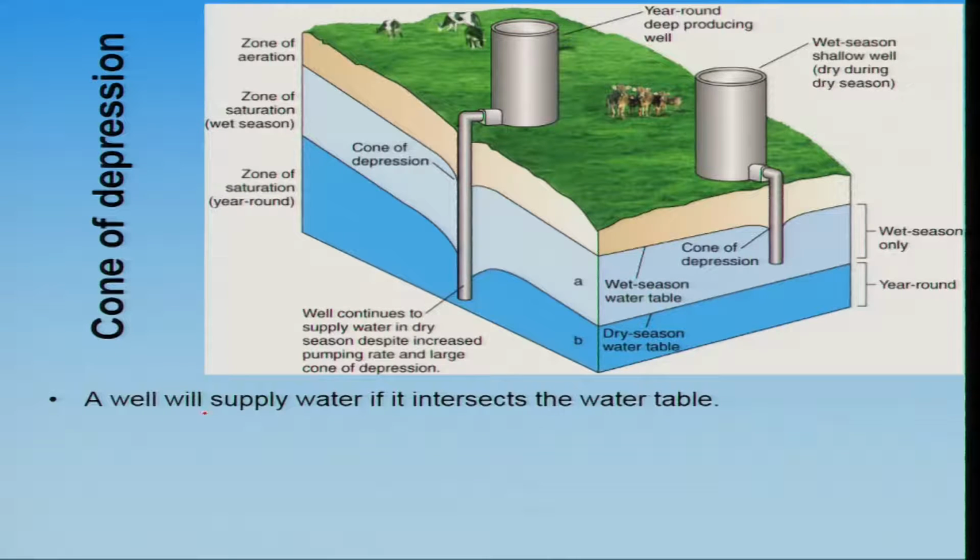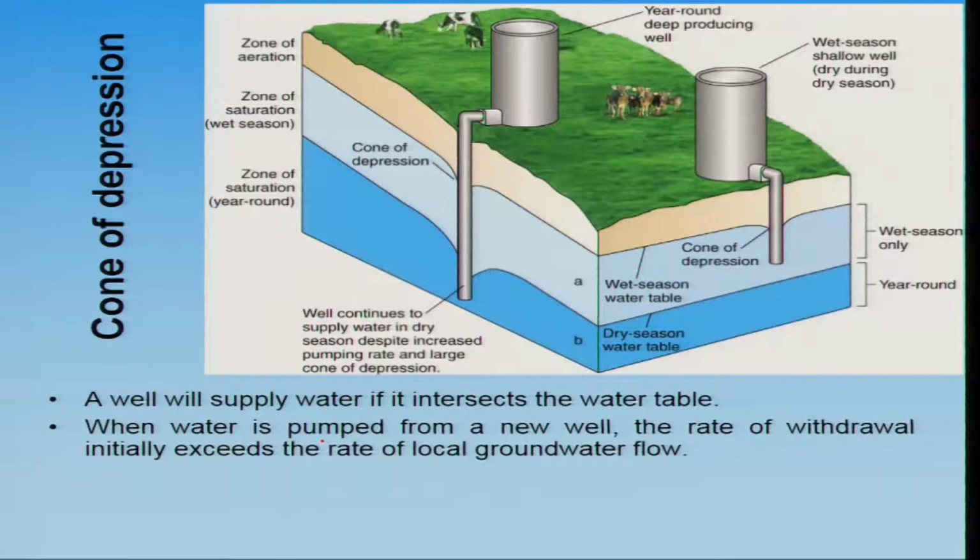So, a well will supply water if it intersects the water table. When water is pumped from a new well, the rate of withdrawal initially exceeds the rate of local groundwater flow.